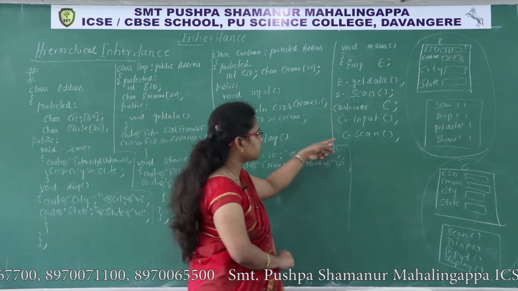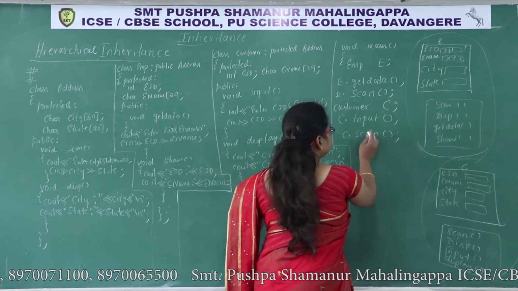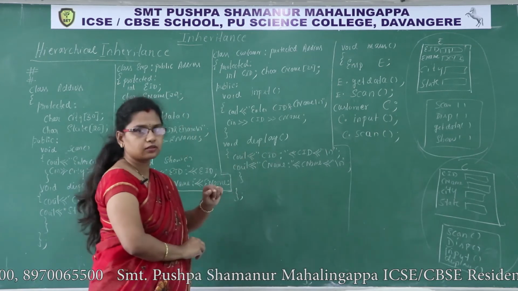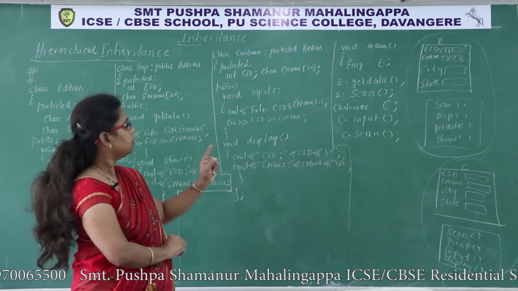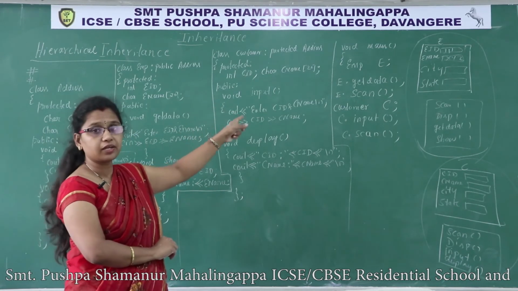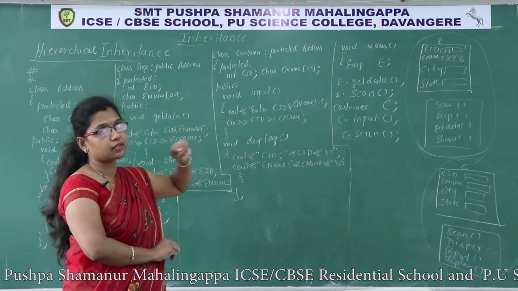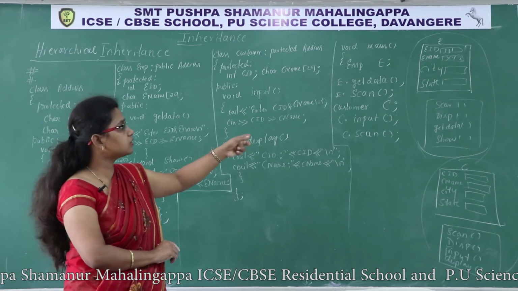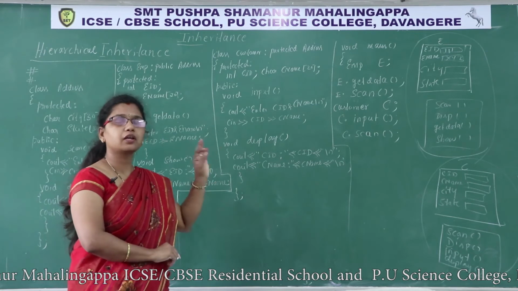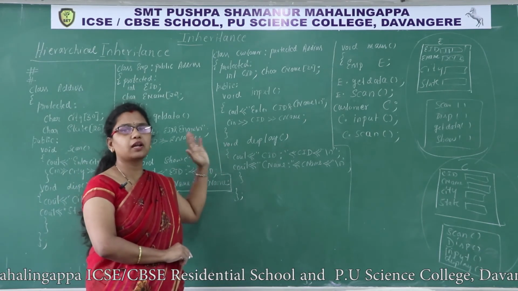So if I write C.scan, is it the right function call? No, because scan belongs to the protected section. We cannot access protected members from outside the class. Main is a non-member function, and a non-member function cannot access a protected member of a class.